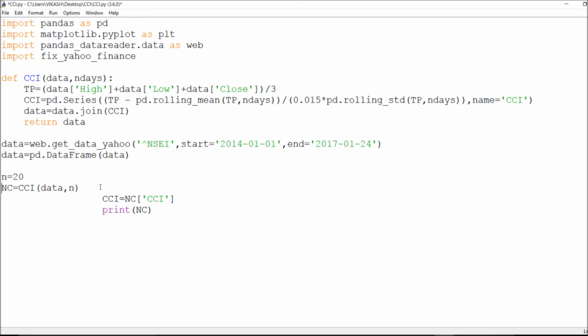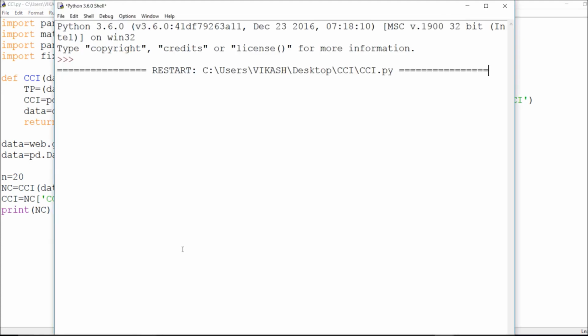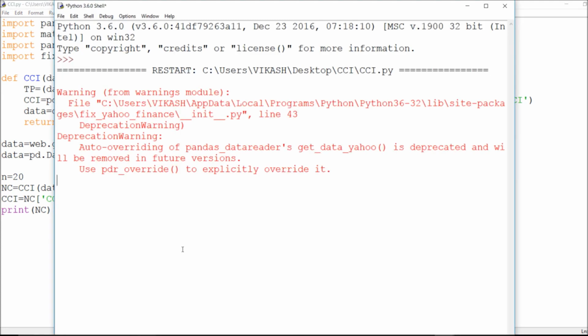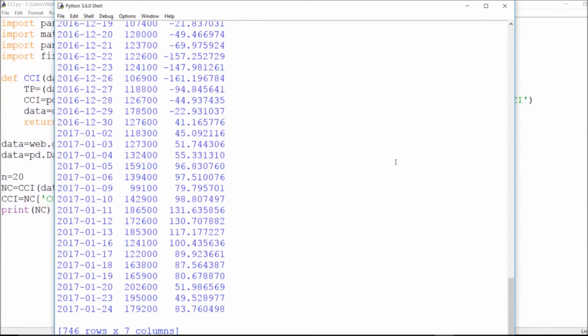I just save these things, and with the correction of the bracket I will run this. And yes, I received this value.